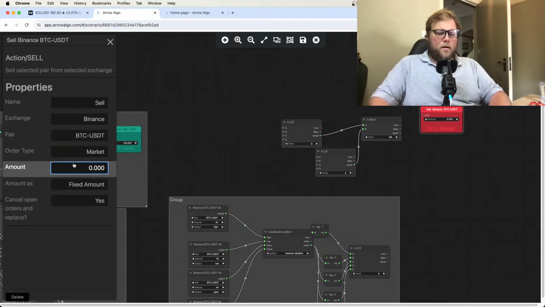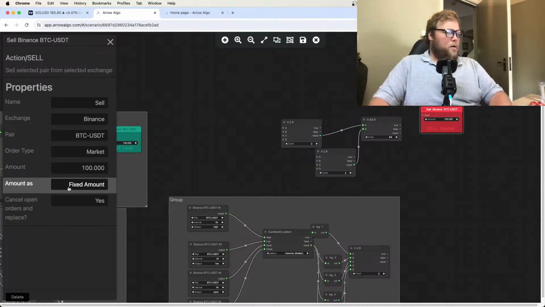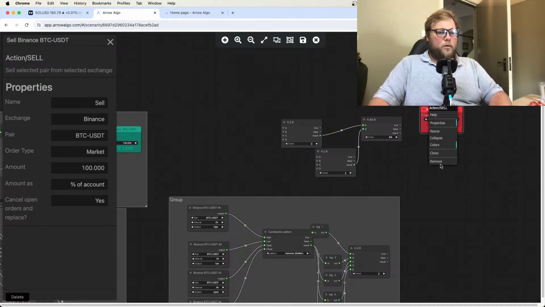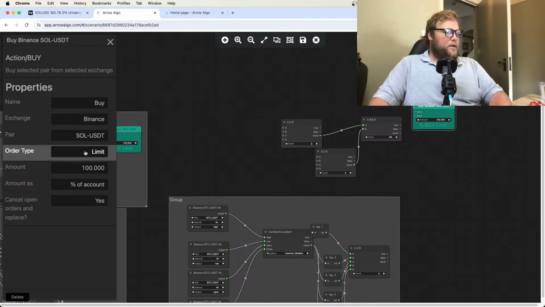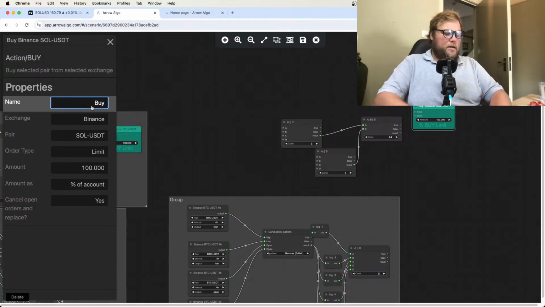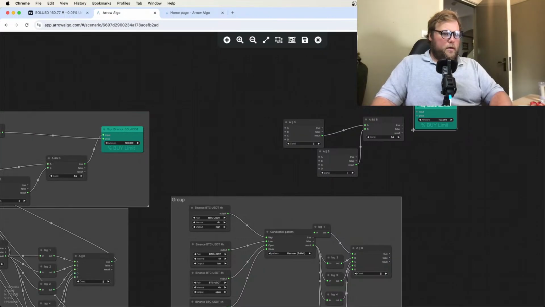Again, I'm buying 100% of the value of the account. Sorry, another buy block, not another sell block. So we're going to set a buy block in here. Again, it's going to be a limit order. And let's name this one the bear buy.